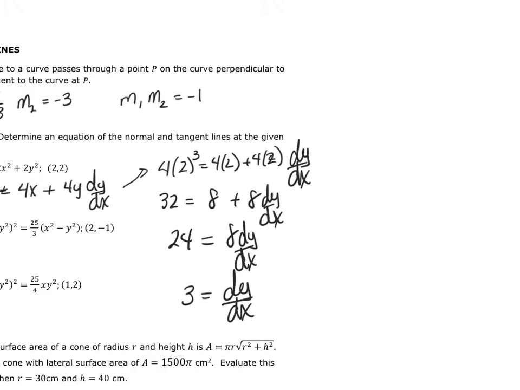So the slope of my normal is equal to negative 1/3. That's it. So now all I have to do is find the equation. So y equals negative 1/3 still has to go through that point. So it'll be x minus 2 plus 2, and you just clean that up, and that's it. So normal lines are not that bad.